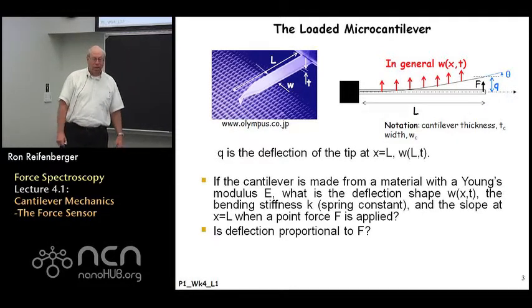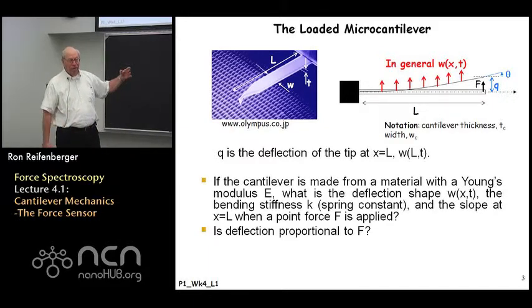And what we'd like to do at the end of the day is derive the spring constant of the cantilever, k, in terms of the dimensions of the cantilever. We'd like to show that Hooke's law applies, that if you apply a force F to the end of the cantilever, the angle that the cantilever bends through is proportional to the force, and the proportionality constant is going to be somehow related to this cantilever stiffness k.